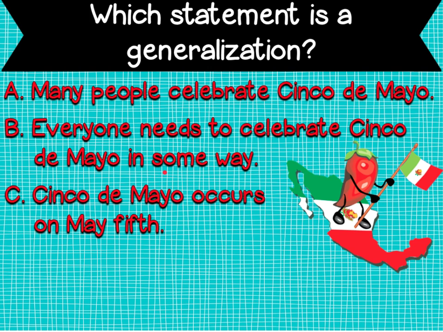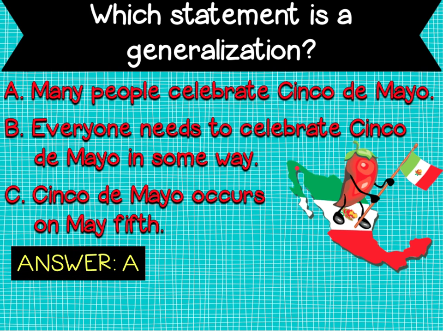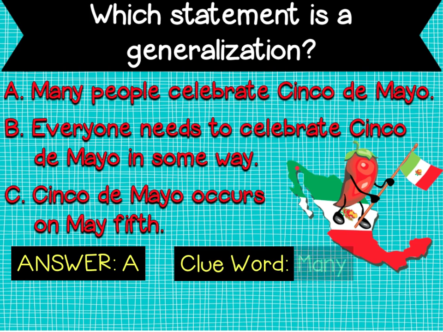Next one, which one of these is a generalization? Many people celebrate Cinco de Mayo. Everyone needs to celebrate Cinco de Mayo in some way. Or Cinco de Mayo occurs on May 5th. You're going to pick answer choice A as your generalization, and your keyword is going to be many.